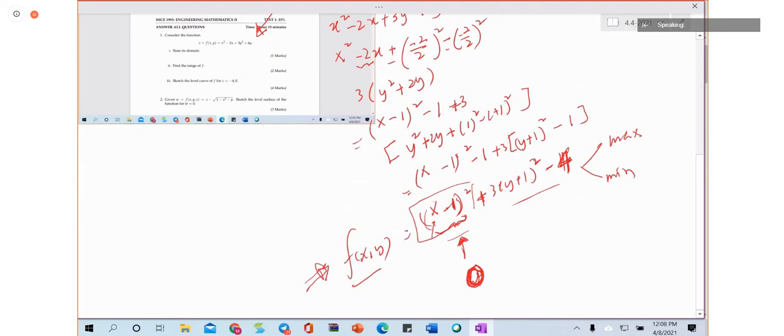Okay, for this, the whole thing, what would it be? Zulfadli, are you there? What will be the minimum value of this? 1?